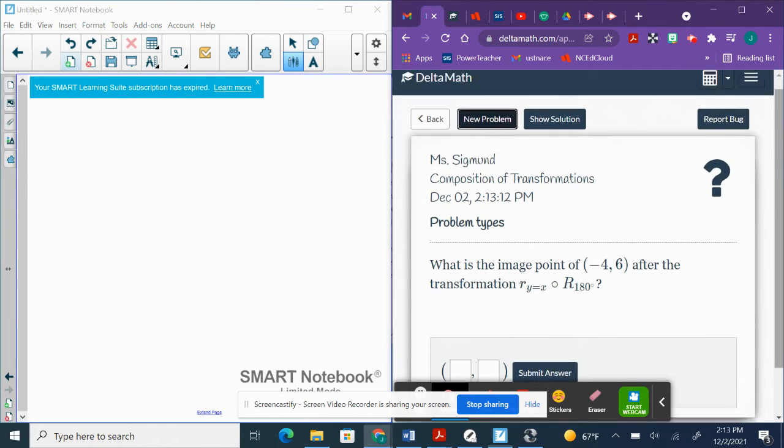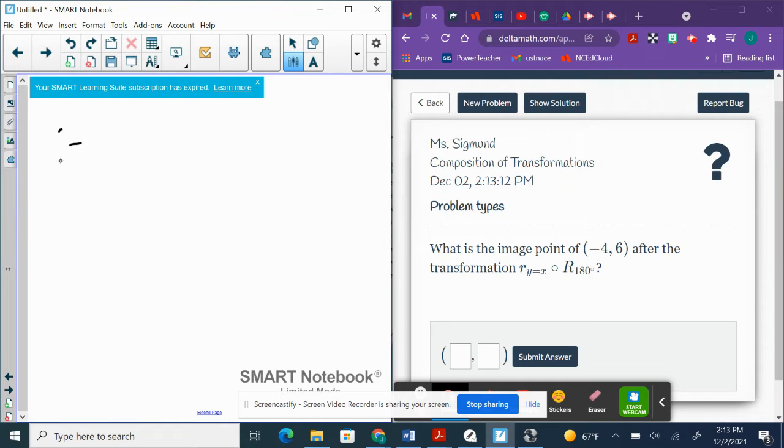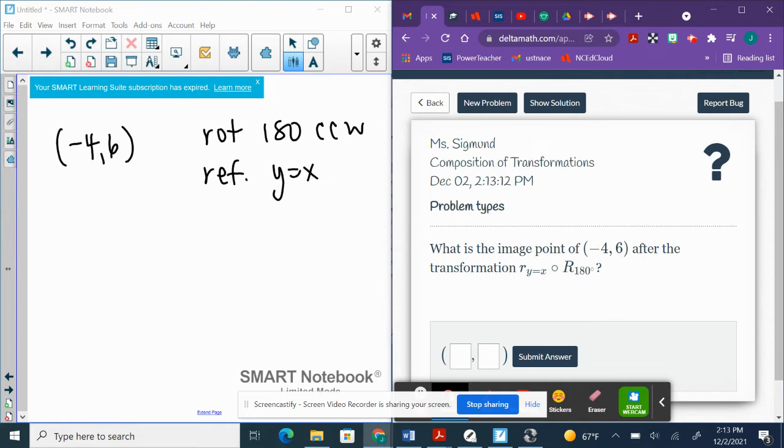So we have -4, 6. We're going to reflect over the y equals x and then rotate 180. Rotate 180 is positive, so that means it's counterclockwise. And then reflect over the y equals x, because we start from our last transformation then work backwards.